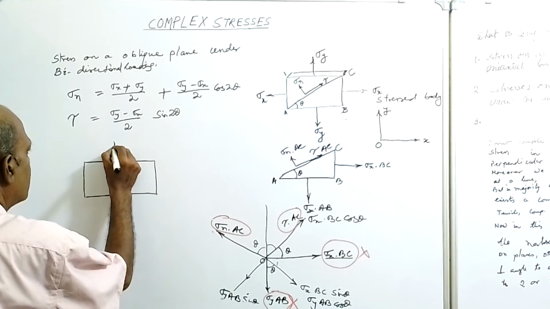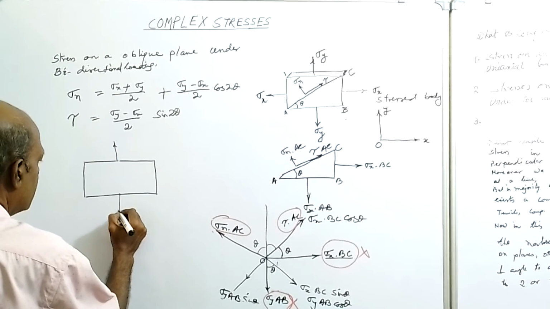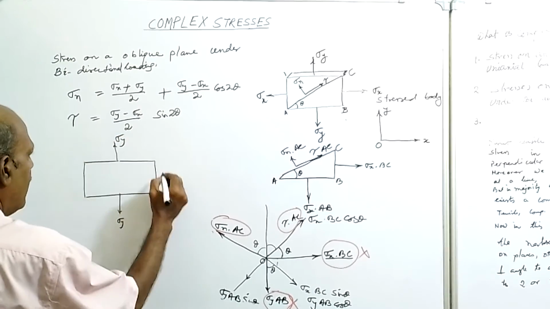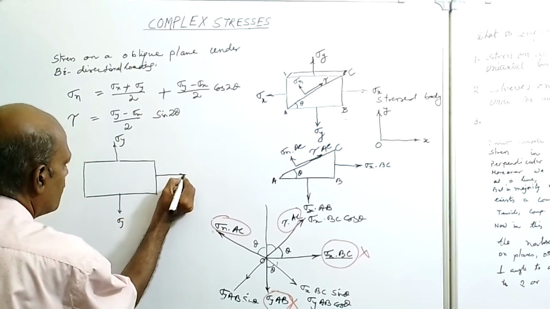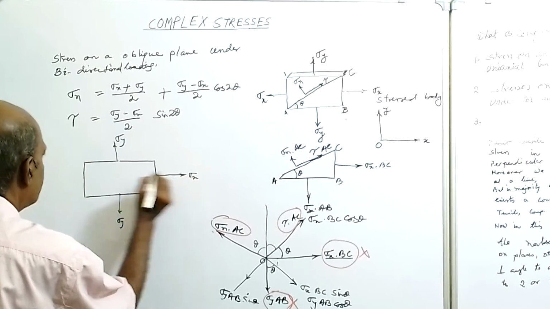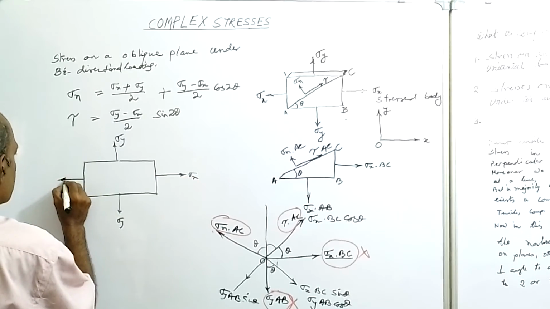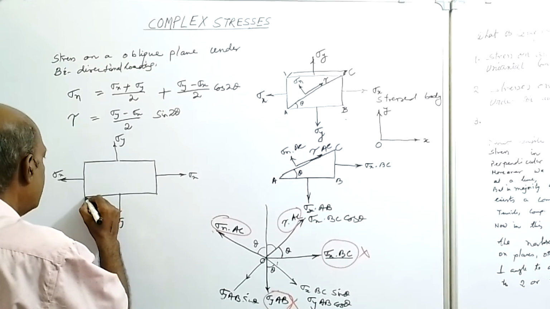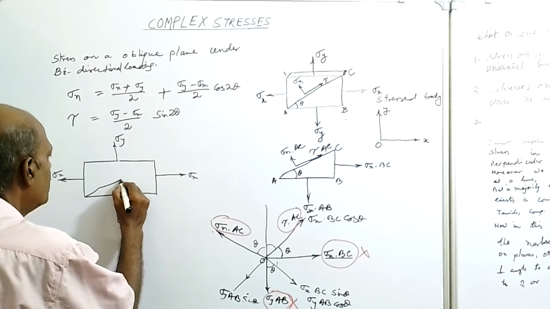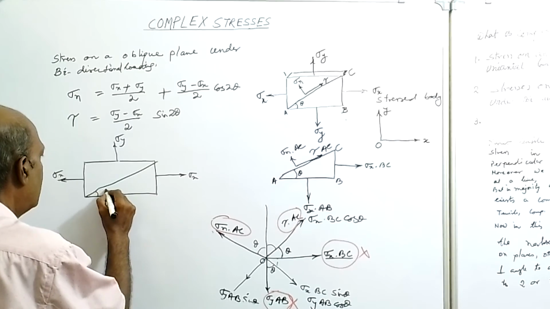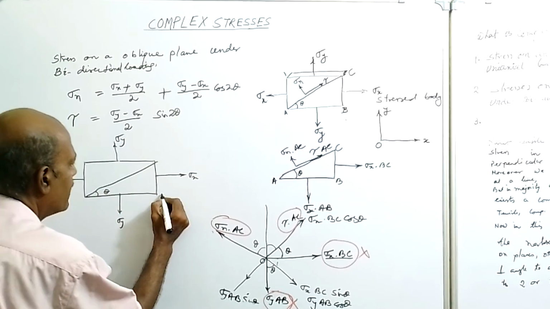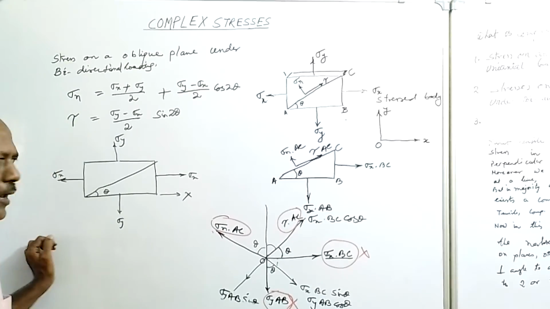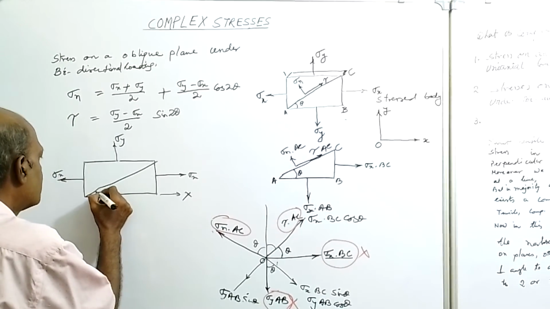The stress acting was sigma y along y direction, and along x direction the stress was acting as sigma x. So we have considered an inclined plane which is at an angle theta with x direction in anticlockwise sense.